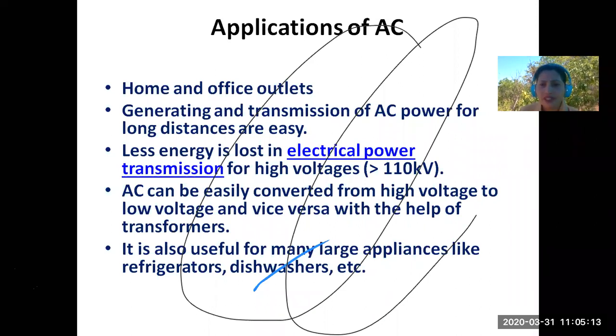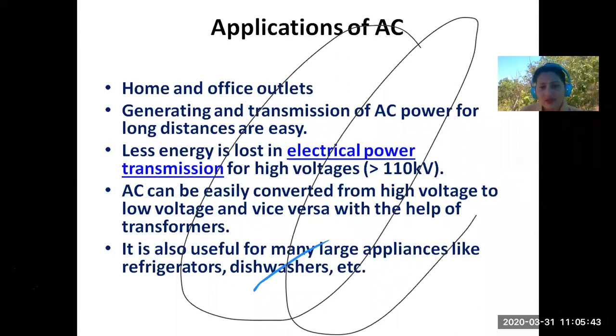Power generation stations are very far away, but you can still get the power supply. How is it possible? Because we transport power over very long distances. If it is AC, it is easy to transport, and less energy is lost in transmission.